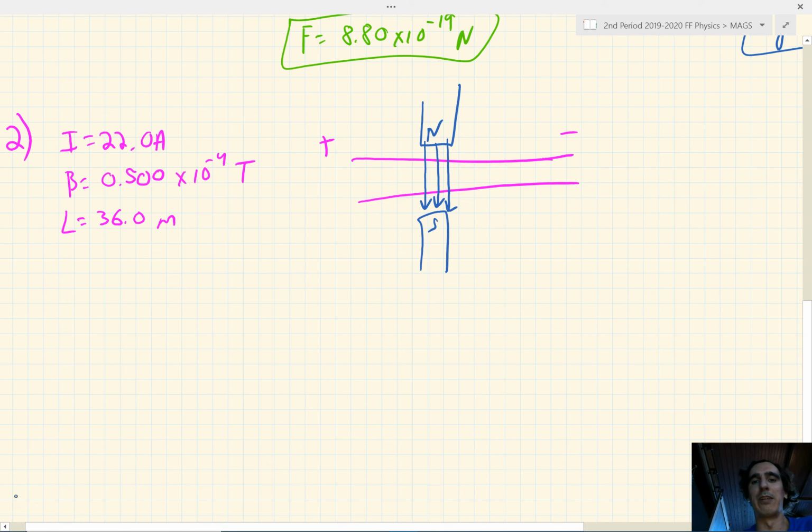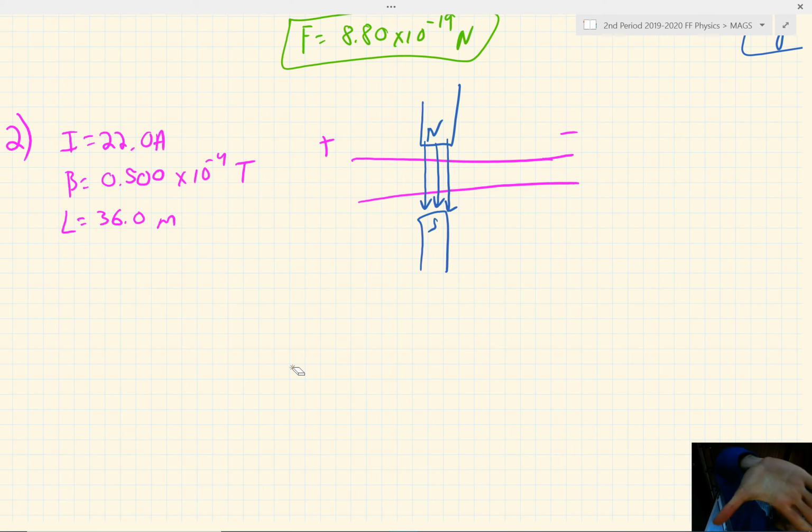If we use the third right-hand rule for this, our thumb is pointing in the direction of the current in the wire, so it's going towards the right. Our fingers point from the north pole to the south pole, so we have to have our fingers pointing down while keeping our thumb pointed to the right.